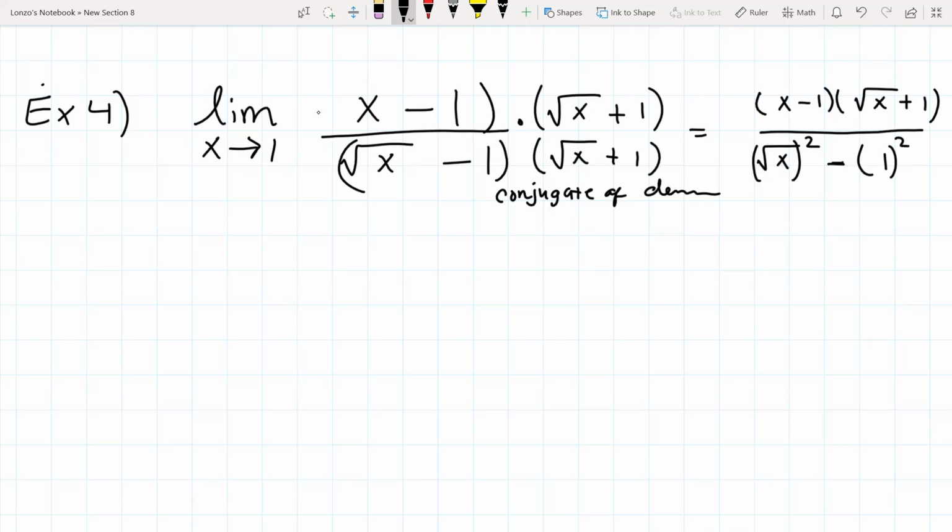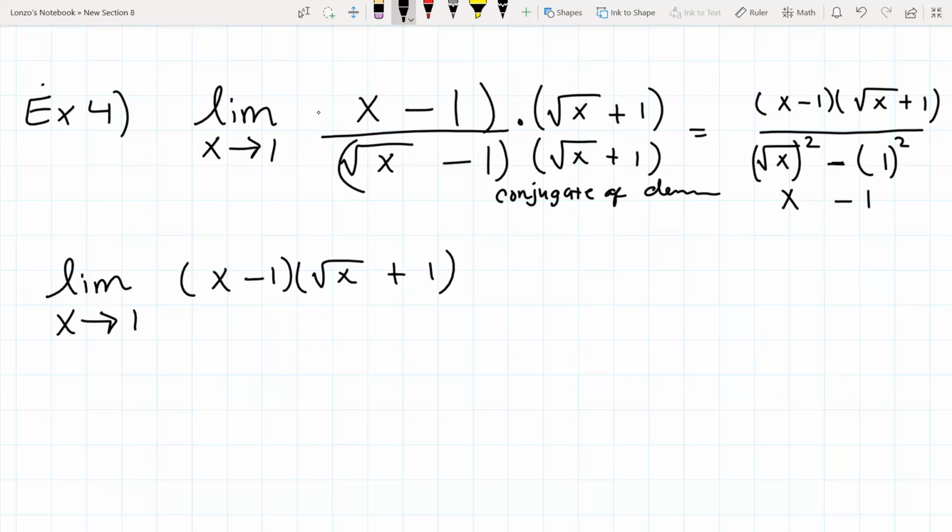Okay. So on here, radical x squared is just x. Over here, 1 squared is 1, so it's minus 1. So you can rewrite this problem as the limit as x approaches 1 of x minus 1 times radical x plus 1. And then on the bottom, it's just x minus 1. Okay, so what cancels? The x minus 1 cancels.